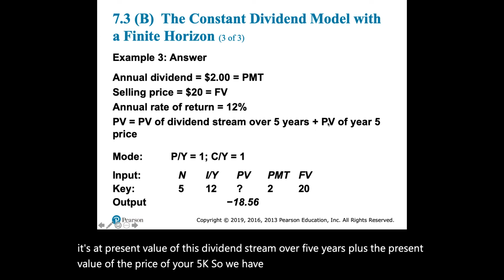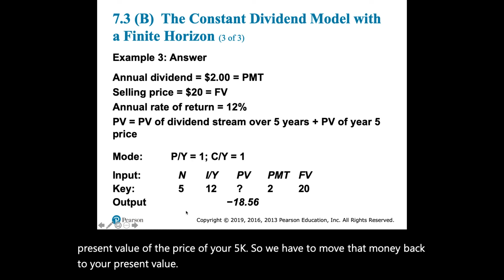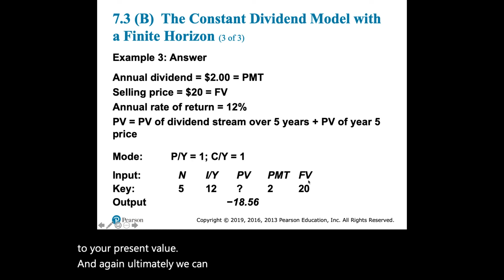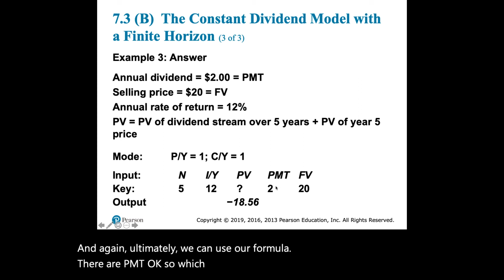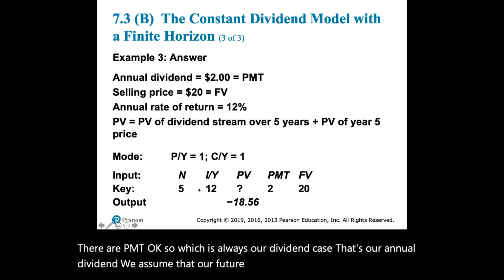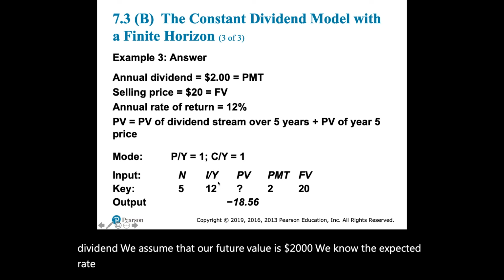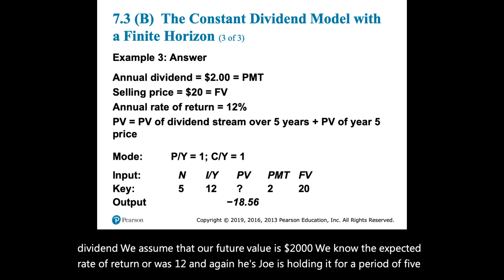So we know that our PMT, which is always our dividend, is our annual dividend. We assume that our future value was $20. We know the expected rate of return was 12%. And again, Joe is holding it for 5 periods, or 5 years in this case, because it's an annual dividend. So we can see that what we're willing to pay is $18.56, given those assumptions.